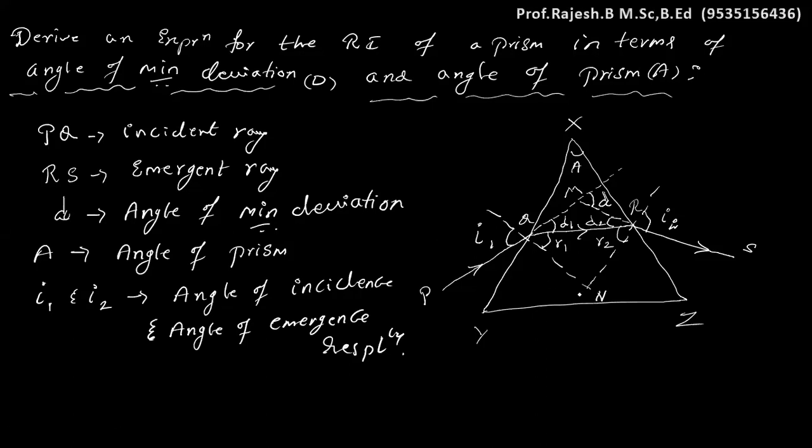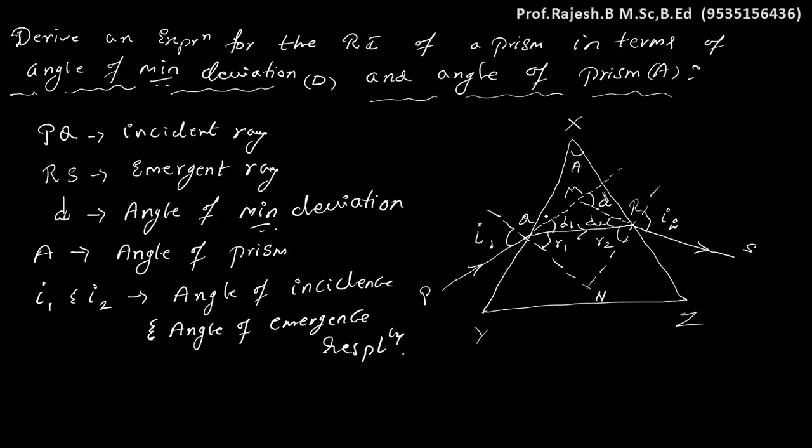So now let's start the derivation. I will give you the time. I will revise it once again after completion of the derivation. So first note, for the first face XY, I1 is the angle of incidence, R1 is the angle of refraction.